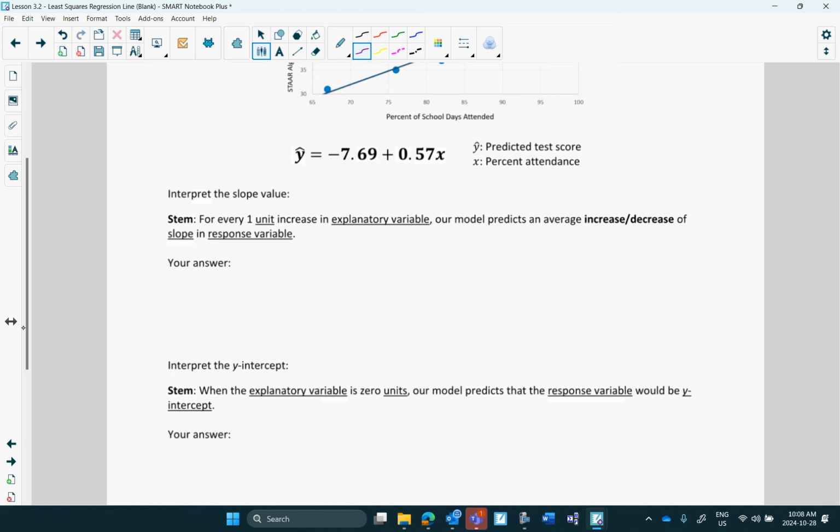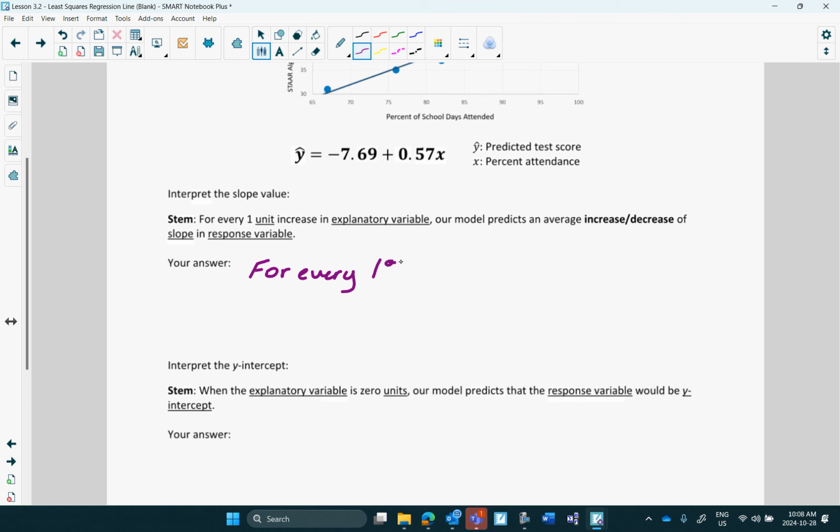So in this specific example, how would we interpret the slope? First of all, what's the explanatory variable? Percent attended, so the units is percent.